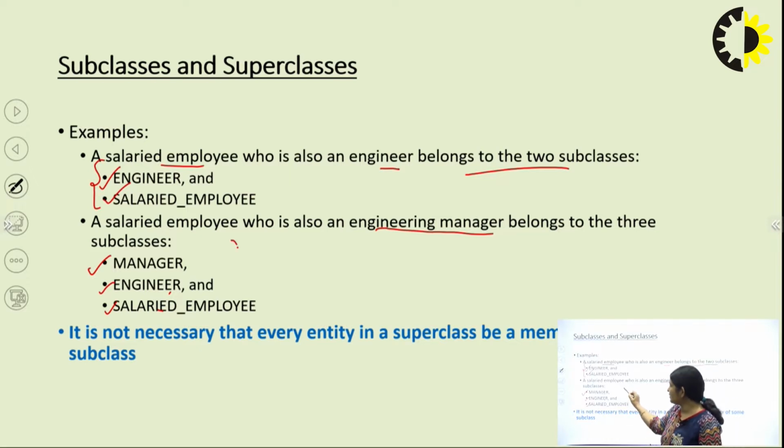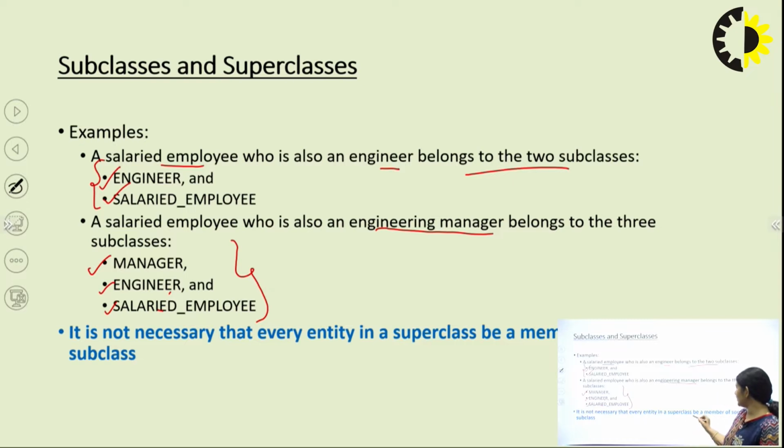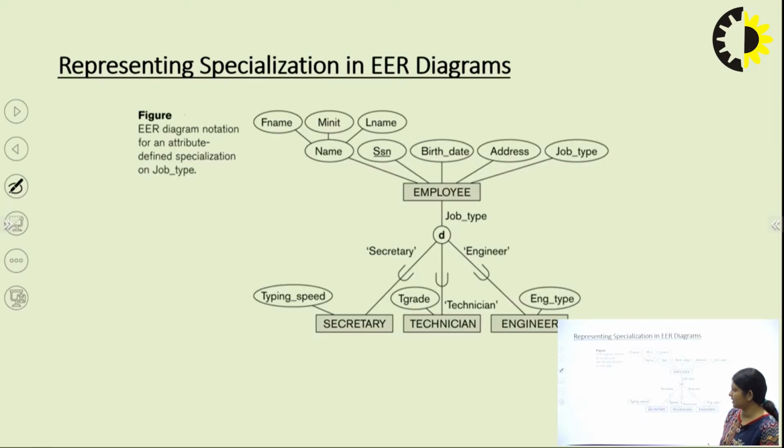So a person can belong to more than one subclass. The concept is this: every member of the subclass should belong to the superclass, but it's not necessary that superclass members belong to some of the subclasses. They may; that is optional. But the second thing is, we can have some members which may be overlapping among the subclasses. So it's not necessary that every entity in a superclass be a member of some subclass.